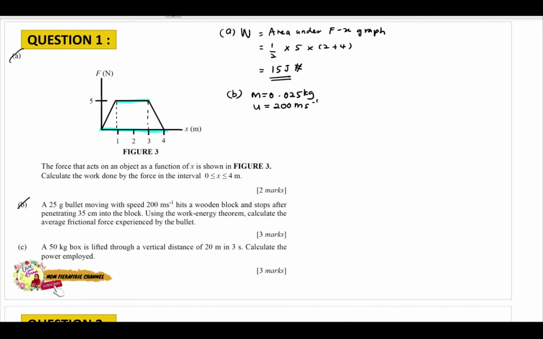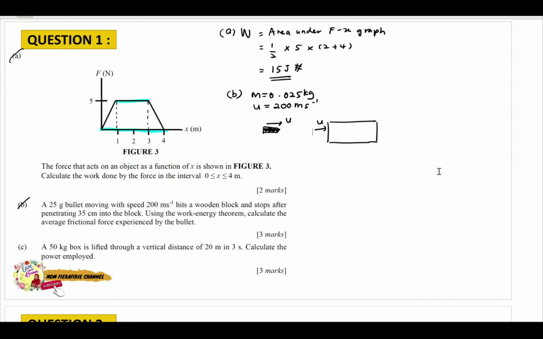Okay. So let's draw. Let's say this is the bullet. Okay. This is the bullet and the bullet is moving in this direction. Okay. And then what happens? So here we have the wooden block. Okay, so when the bullet enters the wooden block, the initial speed is still equal to 200 meter per second. Alright, and then when the bullet hits the wooden block, what happens?